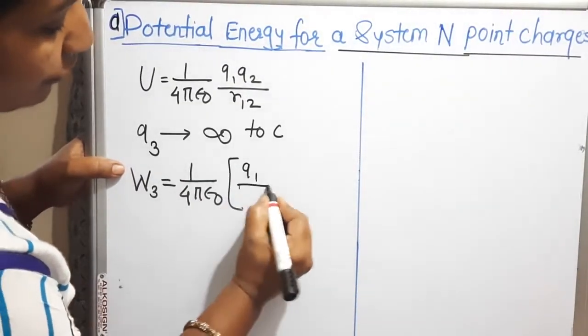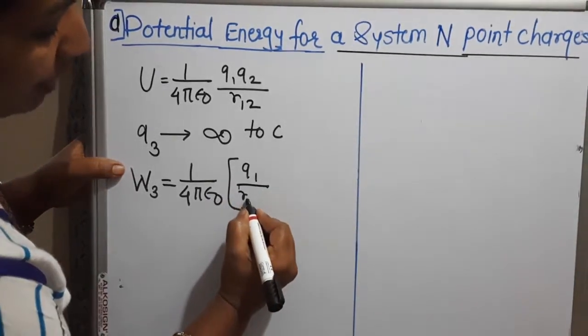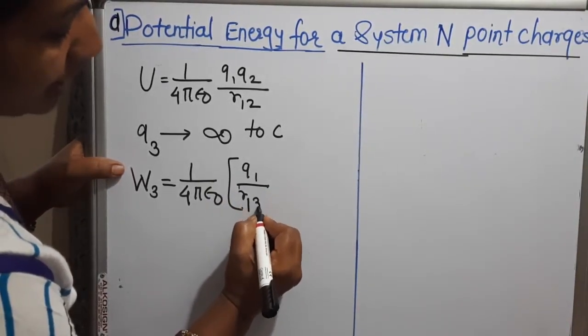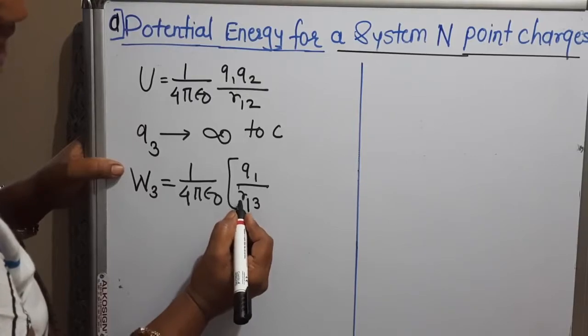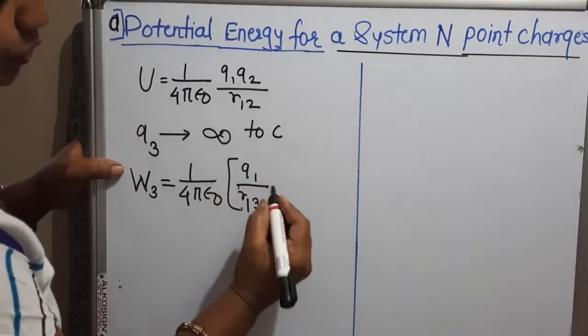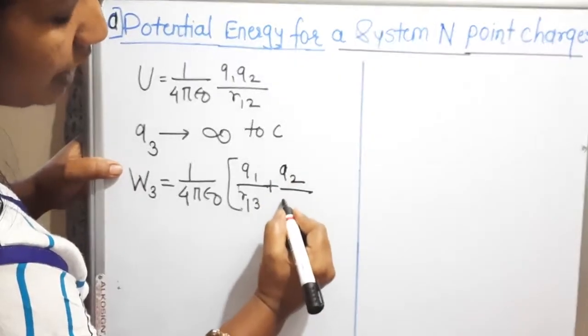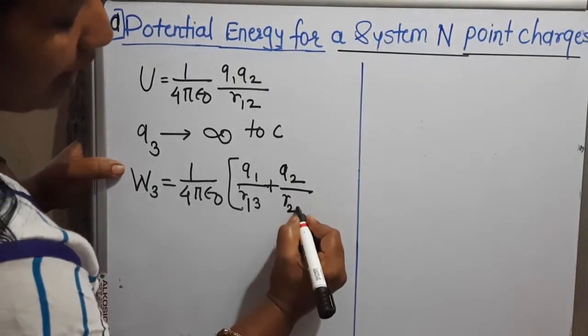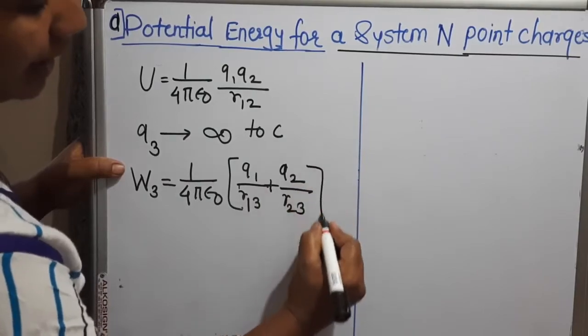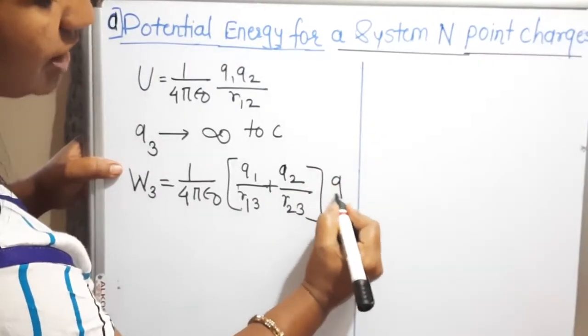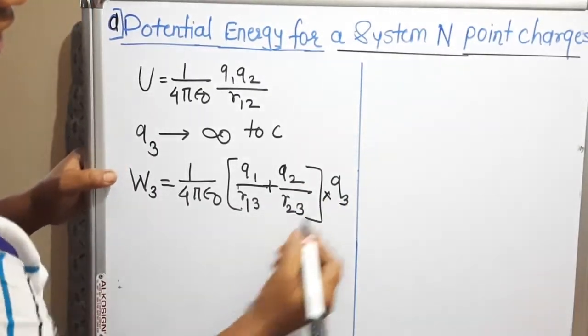Q1 charge, with R13 the distance between Q1 and Q3, plus Q2 charge, with R23 the distance between Q2 and Q3, multiplied by the charge Q3.